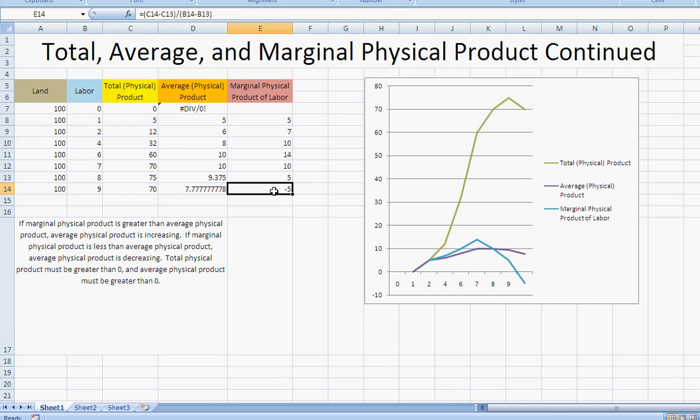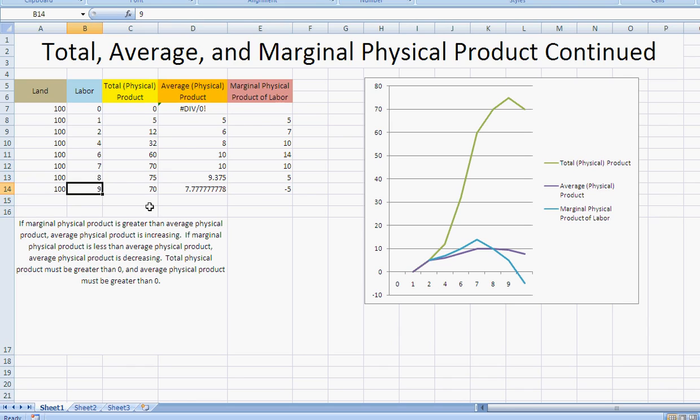So what this means is when I add the 9th worker, when I go from 8 workers to 9 workers, I produce less. I was making 75 bushels of corn, and by adding that 9th worker, now I'm only making 70. The rationale is that the 9th worker is getting in the way. There are just too many people on this farm, and he's confusing everyone and making the farm less efficient.